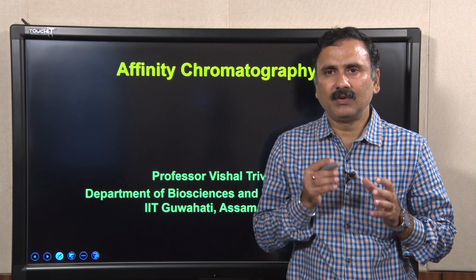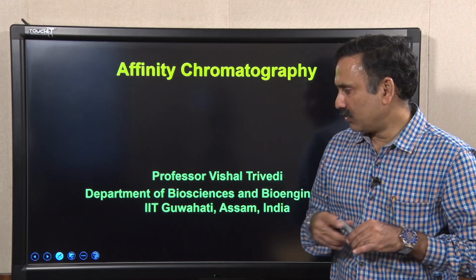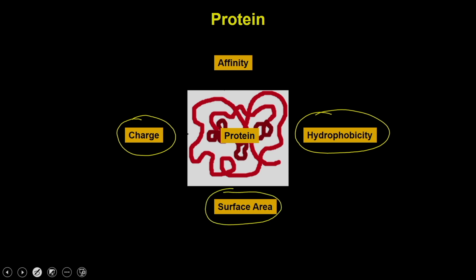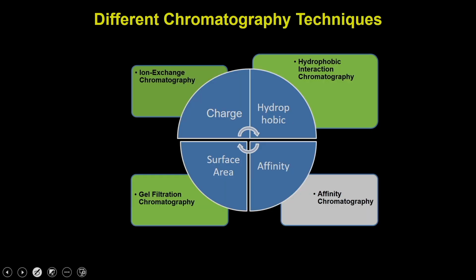As you can recall, the protein provides different types of properties, and so far we have discussed how to exploit the charge, the hydrophobicity, and the surface area of a protein through different chromatography techniques. In the case of charge, we discussed ion exchange chromatography.